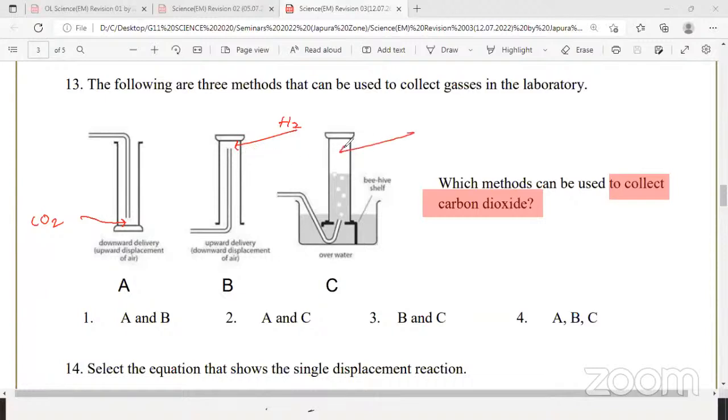Third one, you can collect any gas which is less soluble in water, which is weakly soluble or not soluble.